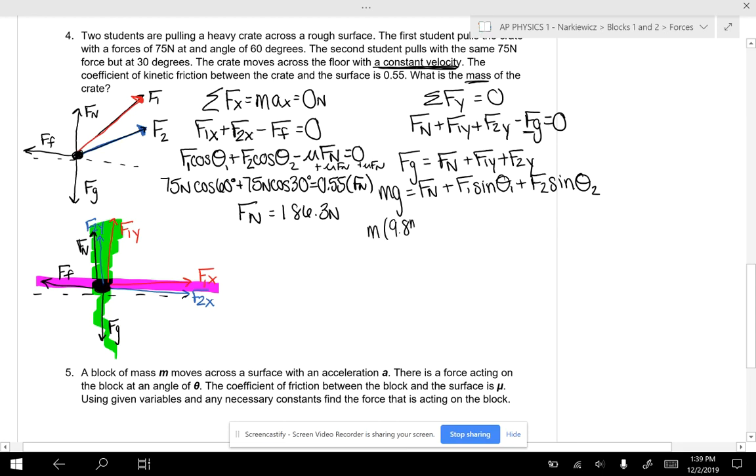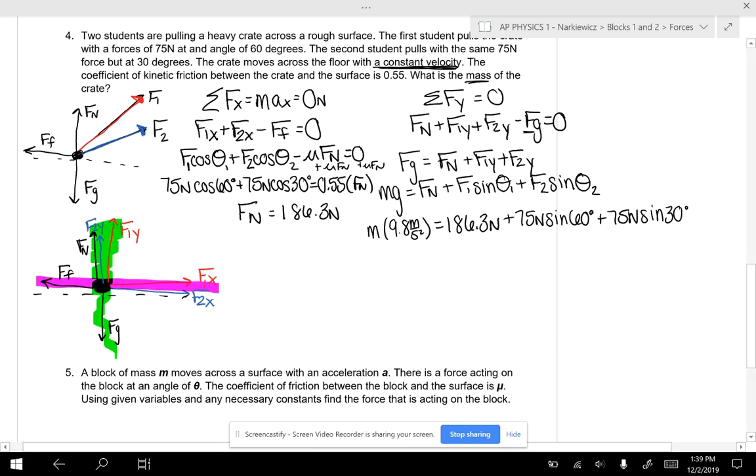G is 9.8 meters per second squared, equals the normal force, 186.3 newtons, plus F1, 75 newtons times the sine of 60, plus 75 newtons times the sine of 30.